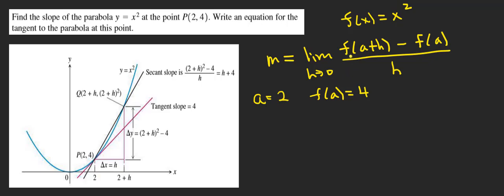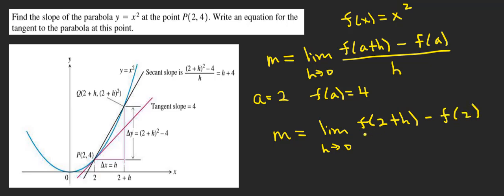So what is our f of a plus h? Instead of a, let's plug in 2. Now you know that f of x is x squared. So what is f of 2 plus h?